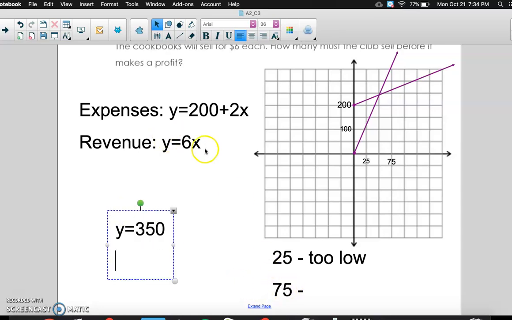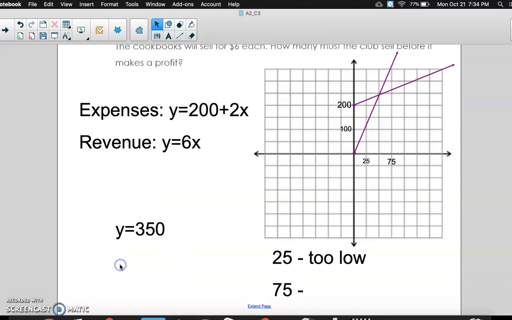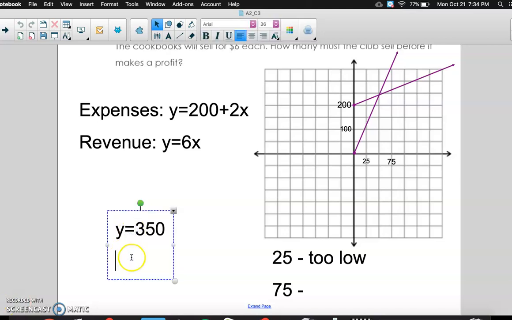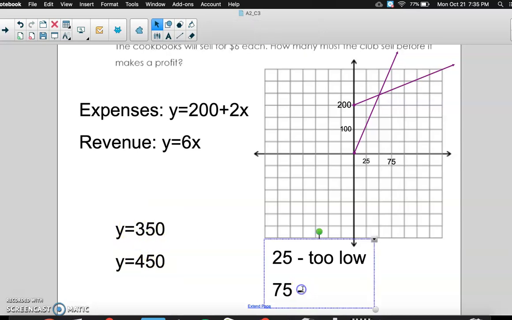If I plug in 75 for my revenue, I'm going to get 75 times 6, which is 450. Sorry, I'm having technical issues. So at this point, we are making profit, but we're pretty far over. So 75 is actually going to be too high.